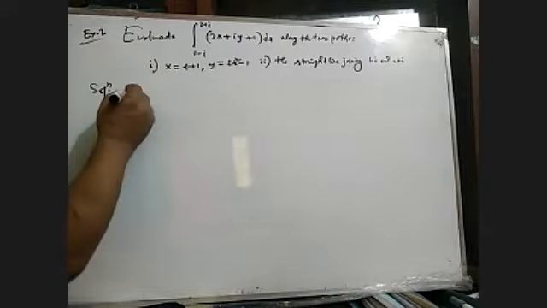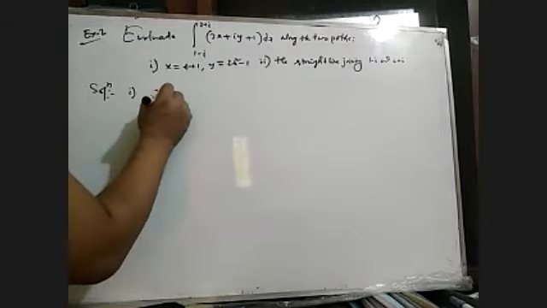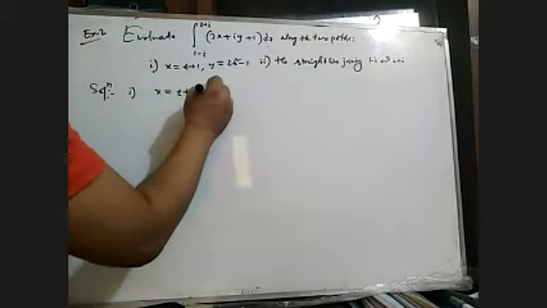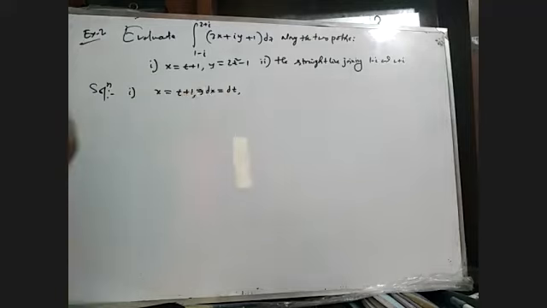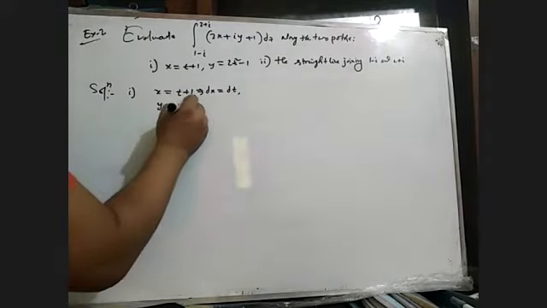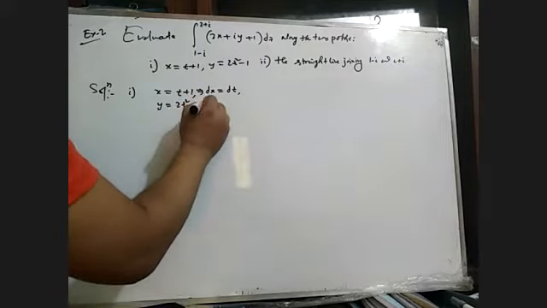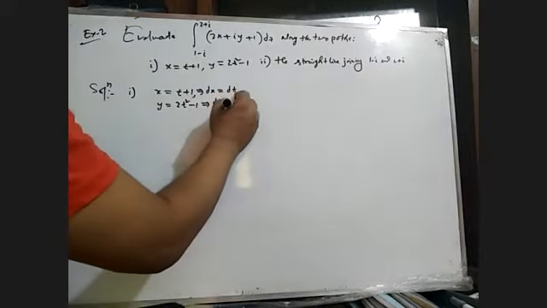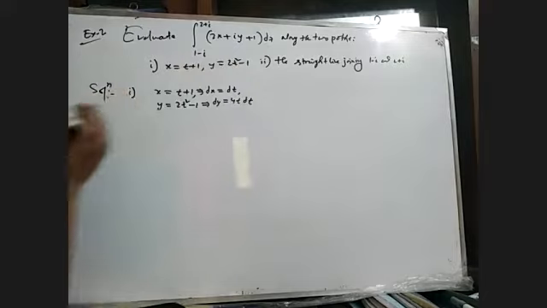We are given x equals t plus 1, so dx will be dt, and y equals 2t square minus 1. In that case, dy will be 4t dt.